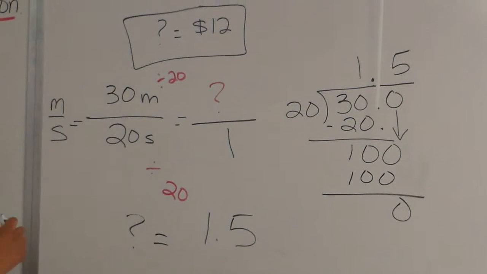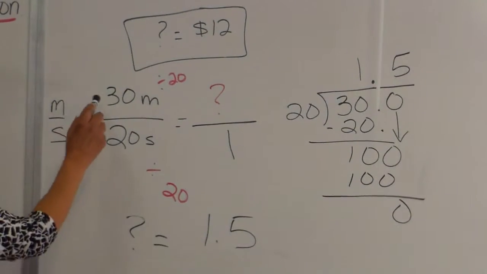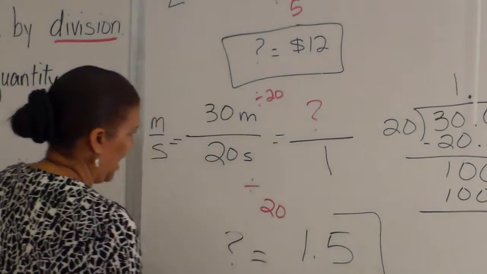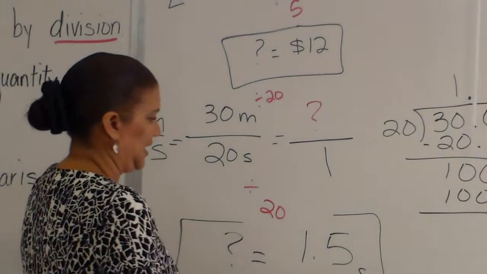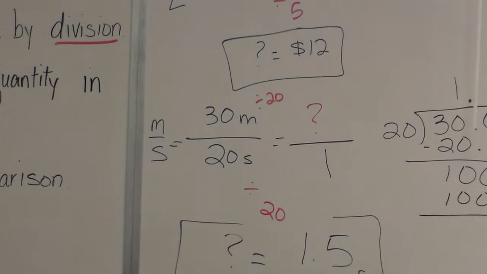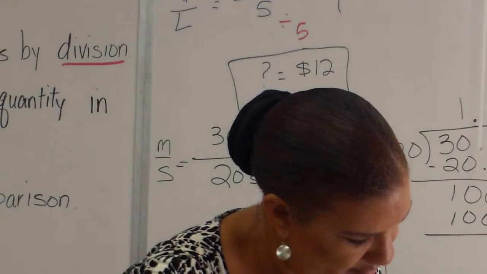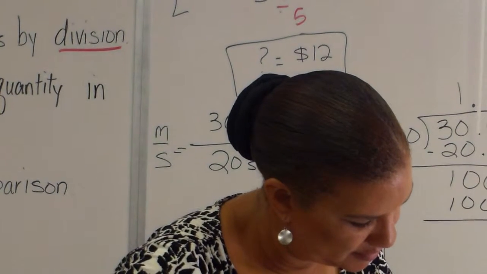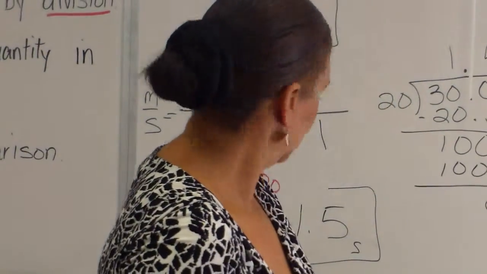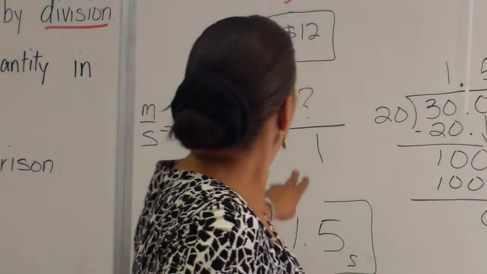So how many meters, what's it say, Michael? How many meters does Michael walk in 1 second? He walks 1.5 seconds. Wait, he walks, we're solving for meters.